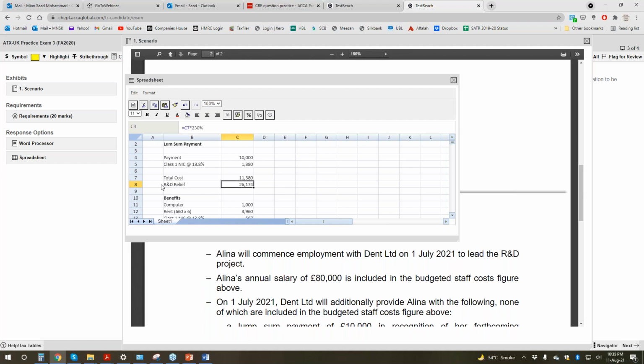That can be the extra benefit that the company could have obtained. And if this could have been the extra benefit, then the company obviously would have obtained CT savings on that as well.